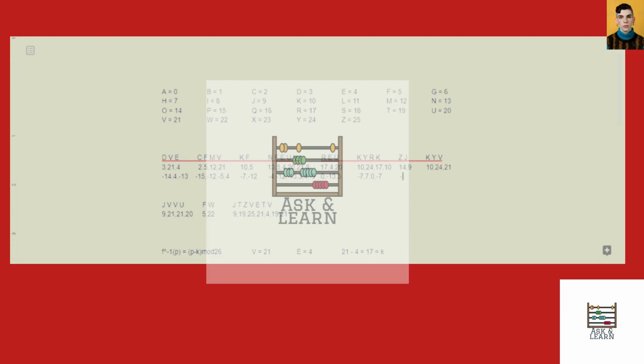And then 14, so negative 3, negative 8. 10, so that's negative 7. 24 is going to be 7.